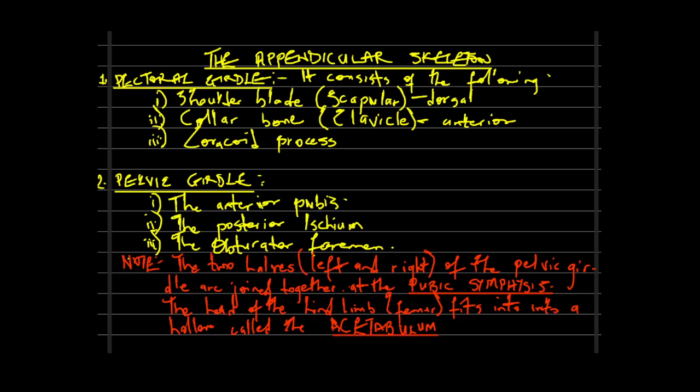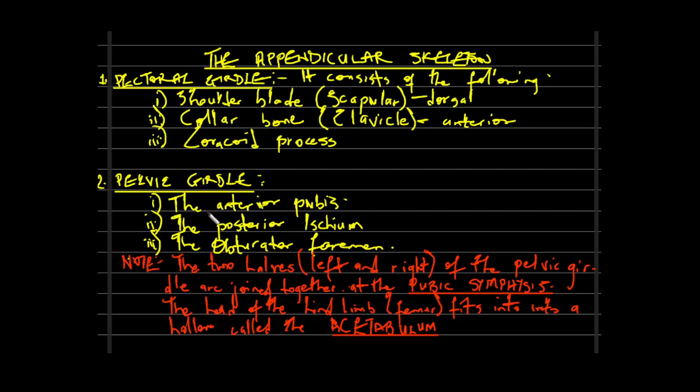So that is what we have for the pelvic and the pectoral girdle. We have discussed the components of the pectoral girdle: the shoulder blade, which is the scapula, found dorsally; the collarbone, also called the clavicle, found anteriorly; and the coracoid process.